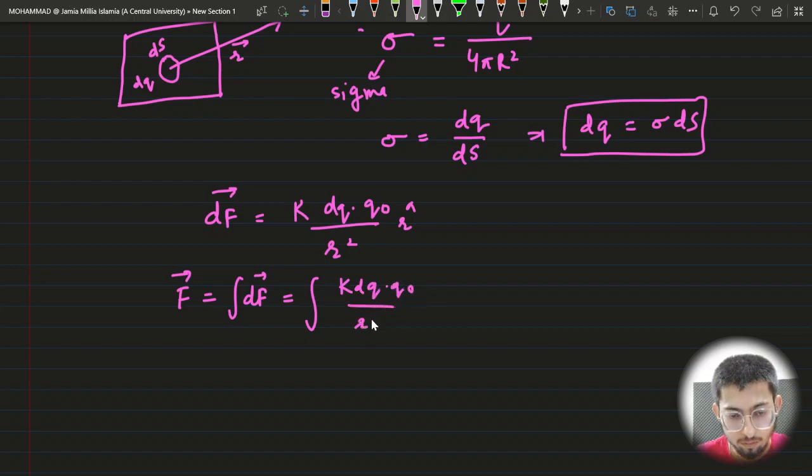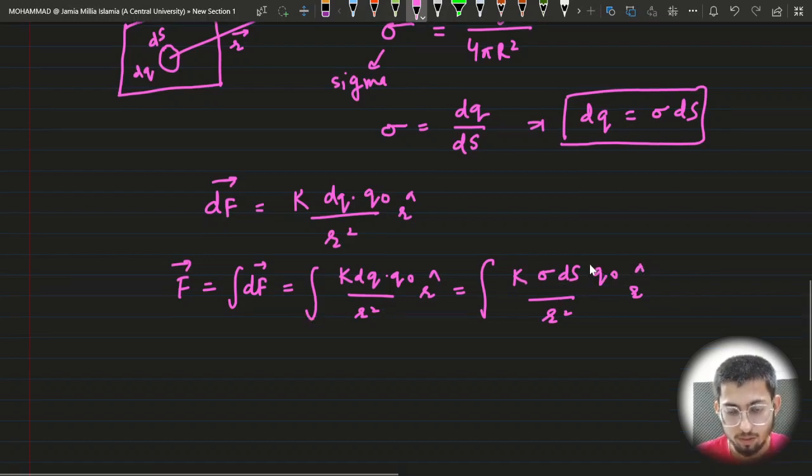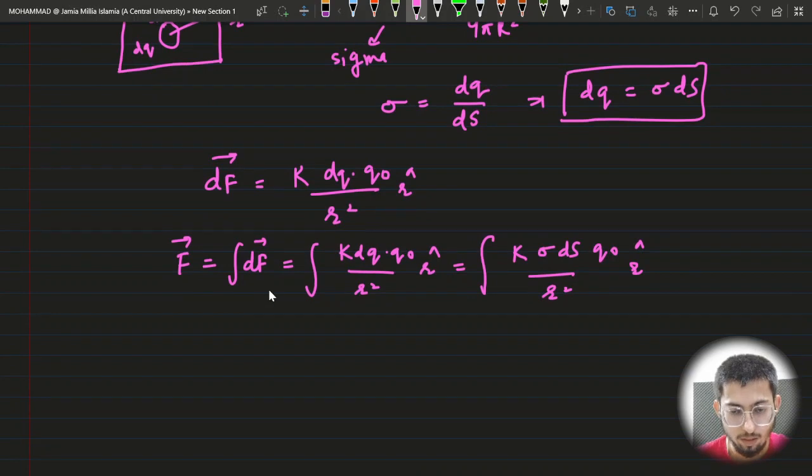And you can replace this dq by sigma times ds. So k, sigma times ds, q naught by r square. Everything else is the same, all right? We can now solve this and find F. Just everything is the same. But the integral you cannot solve yet, I have not told you how. This is due to the surface.